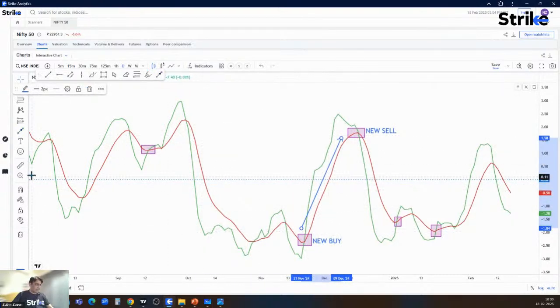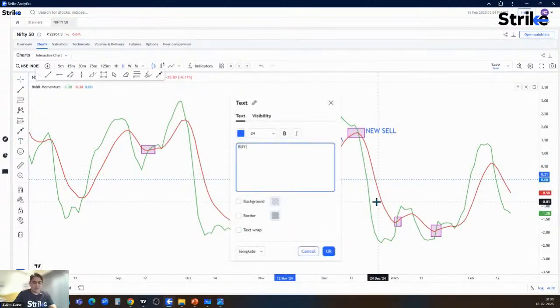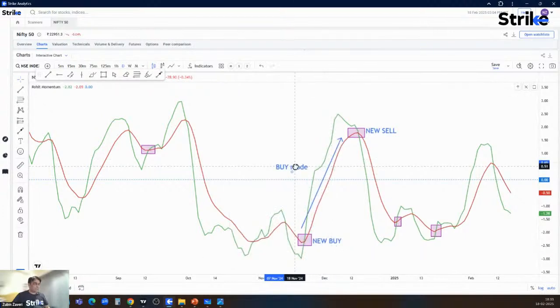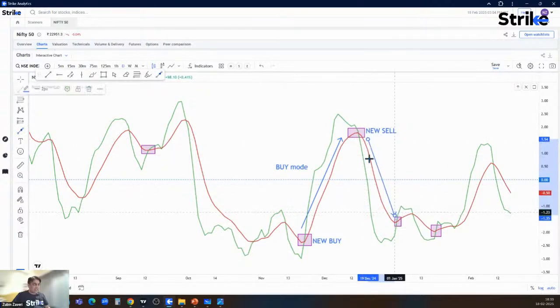It will not be a new buy or a new sell. Over here it will be in a buy mode only.